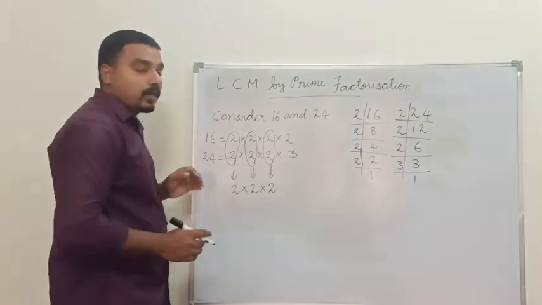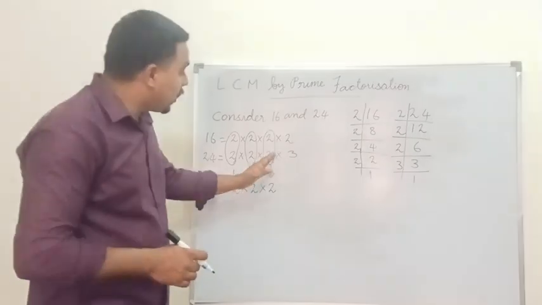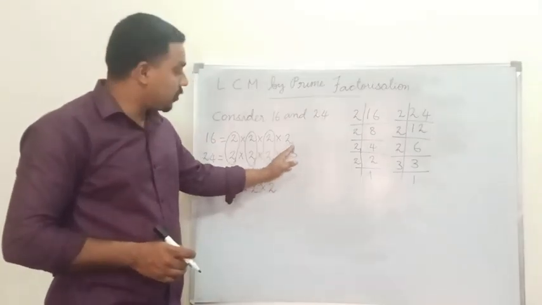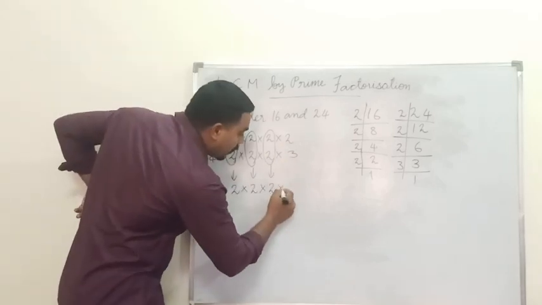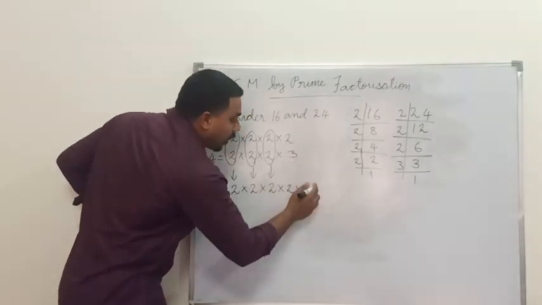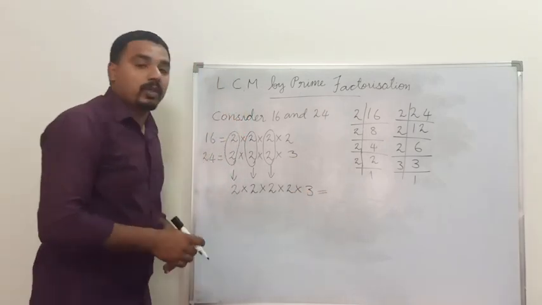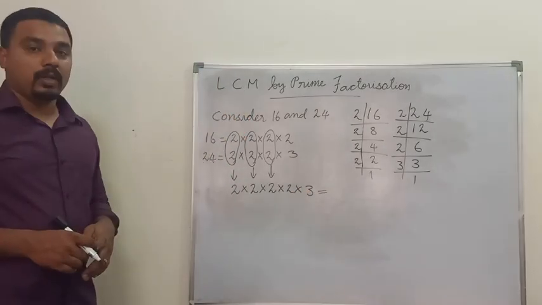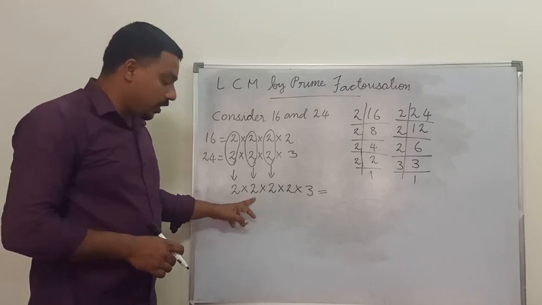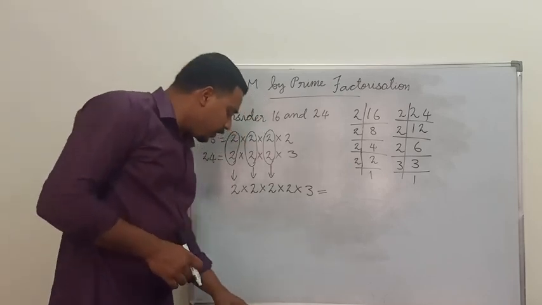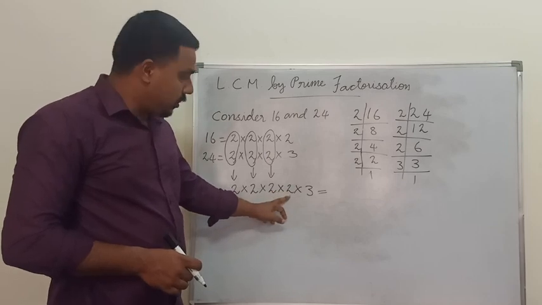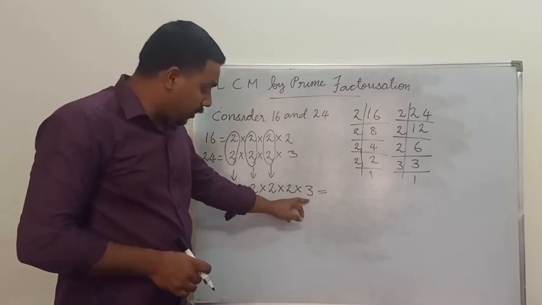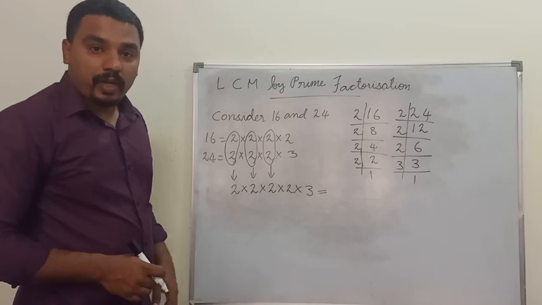Now what we have to do? We have to take the rest of the prime factors also. So take this 2 into 2 and 3. Now we have to find the product of these numbers. 2 into 2 is equal to how much? 4. 4 2s are 8, 8 2s are 16. 16 into 3 is equal to how much? 48.